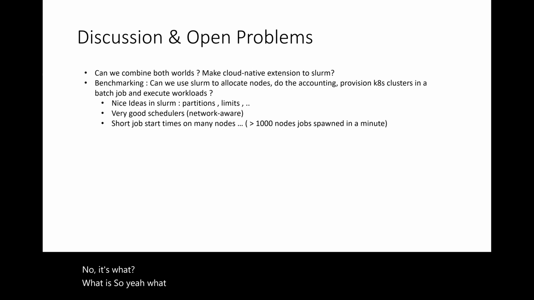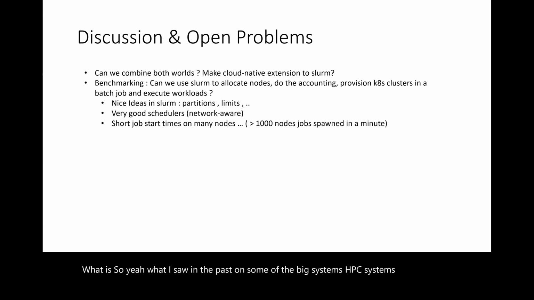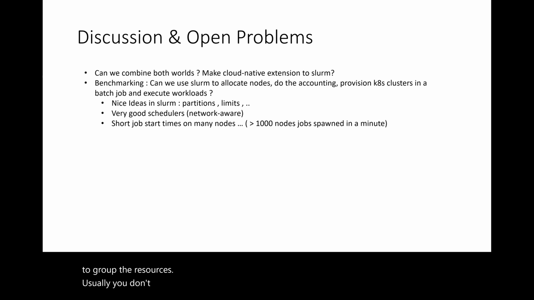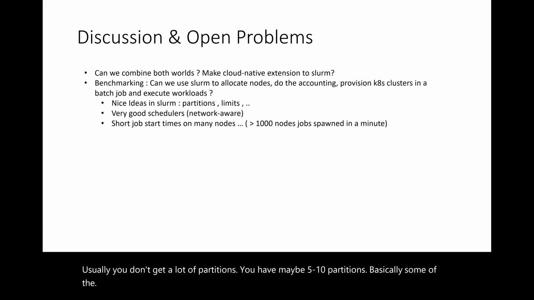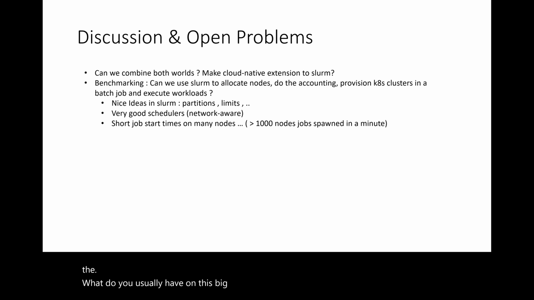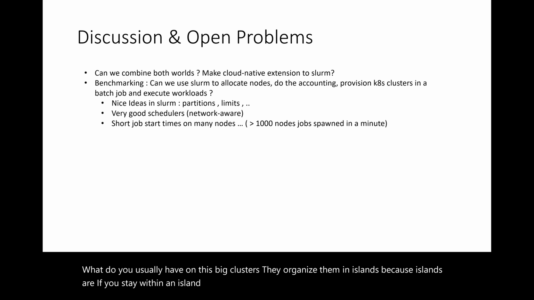What I saw in the past on some of the big HPC systems is they try to group the resources. Usually you don't get a lot of partitions, maybe 5-10. On these big clusters they organize nodes in islands, because if you stay within an island, you might be on a single rack or something like that.